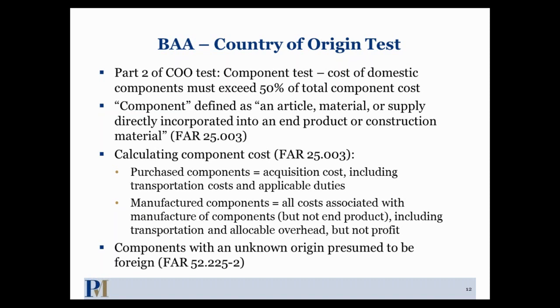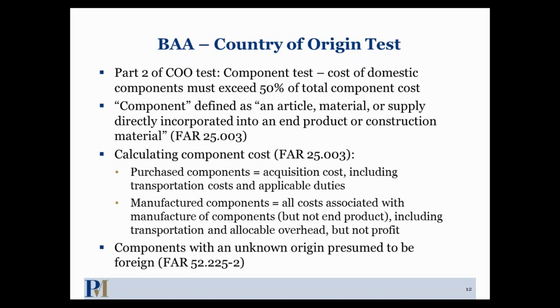In one GAO case, a company offering lock sets intended to buy U.S. steel, which was rolled into sheets, and then the sheets of steel would be shipped to Korea for fabrication into the parts. Those parts would return to the U.S. for manufacture into the end item of the lock sets.